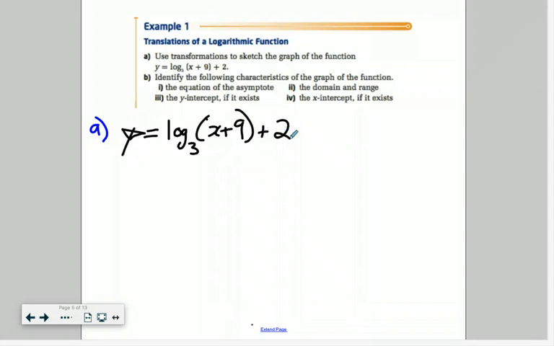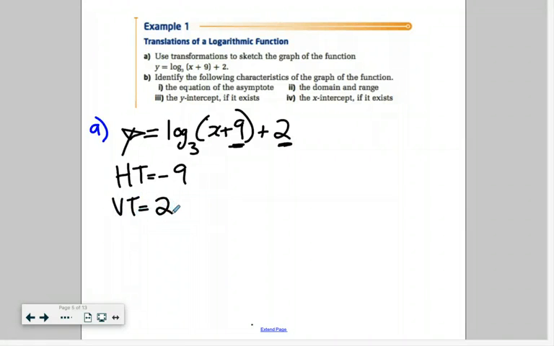So what transformations have happened in this particular equation? Let's identify the transformations first. We've got a horizontal translation of minus 9, and what's the other one that we have? Vertical translation of plus 2.